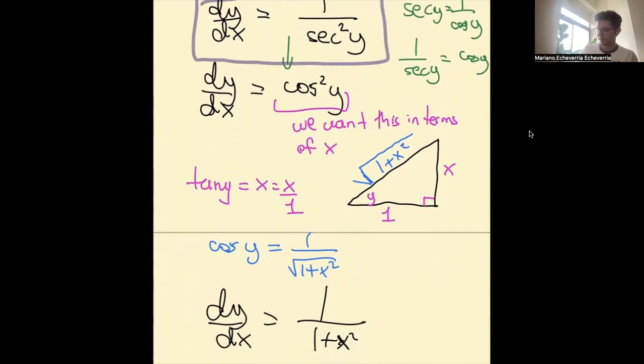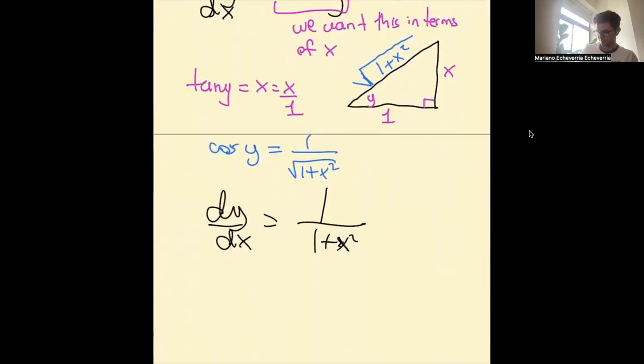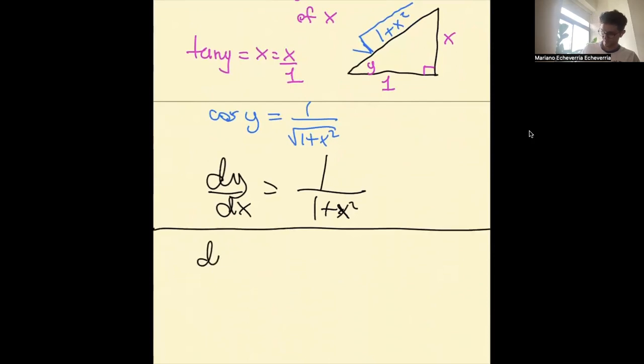So you had the dy/dx, right? It is 1 over secant squared of y. But at some point you do have to remember an identity. So here's another way.